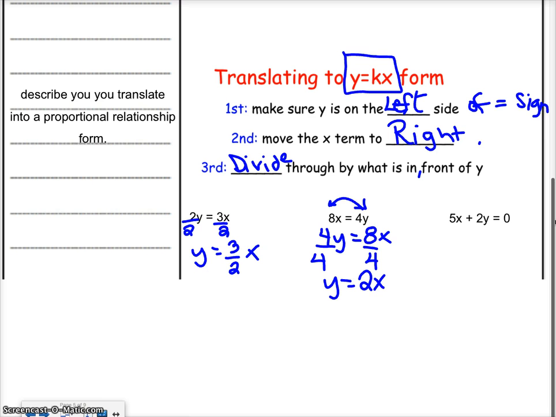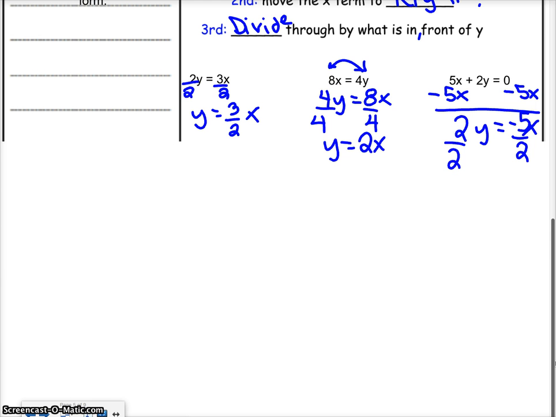So I'm going to minus 5x from both sides of the equal sign. 2y equals negative 5x. Step 3, divide by what's in front of y. So divide by 2, divide by 2. And you get y is equal to negative 5 over 2 x.